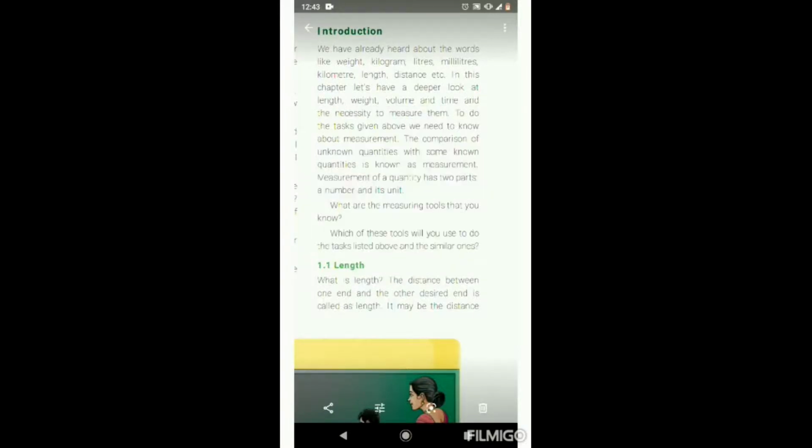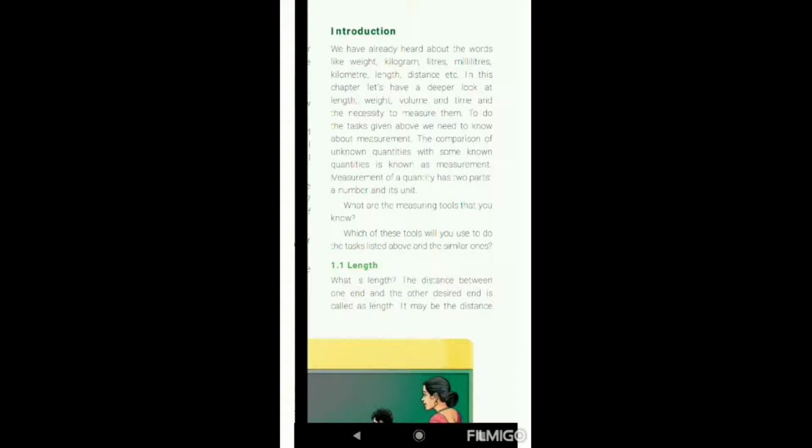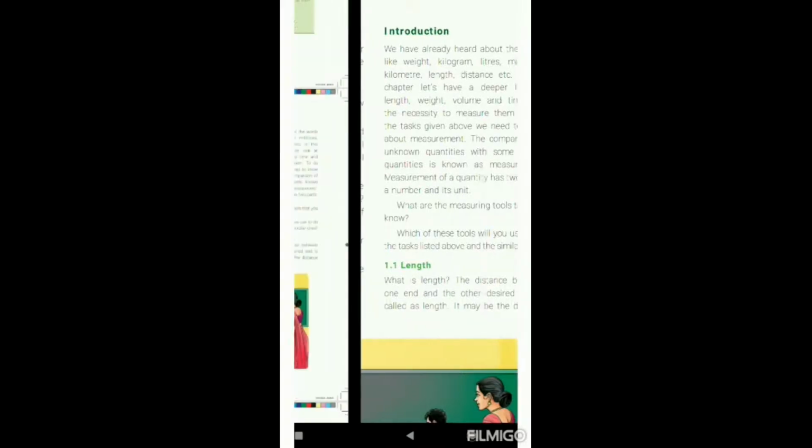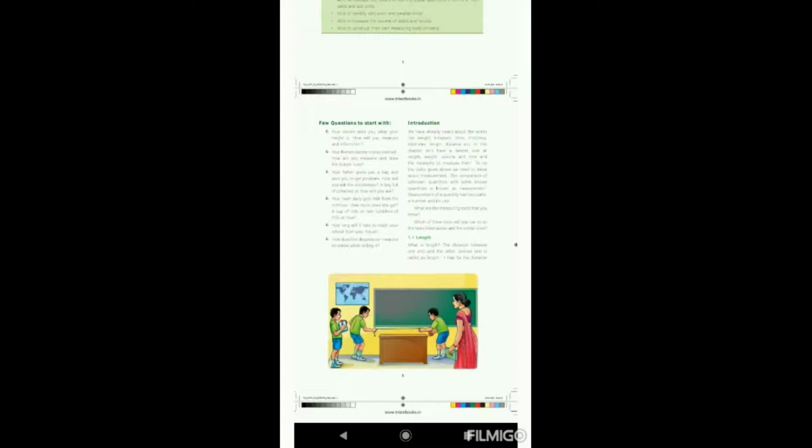Length. It is defined as the distance between two ends or 2 points. From the picture given below, you will get to know how length is measured.